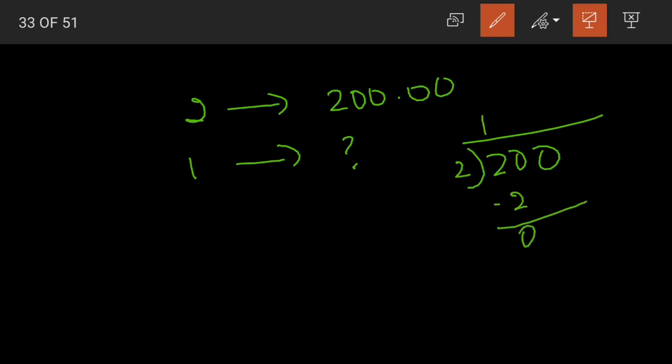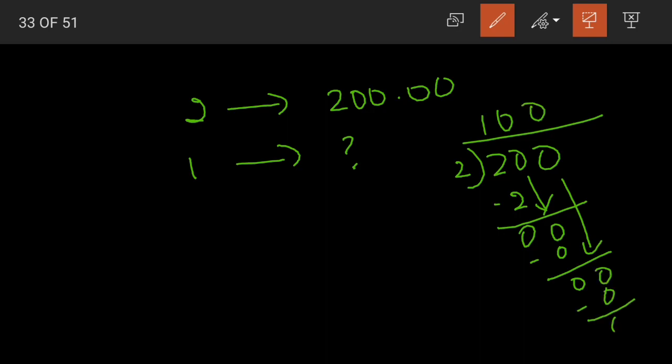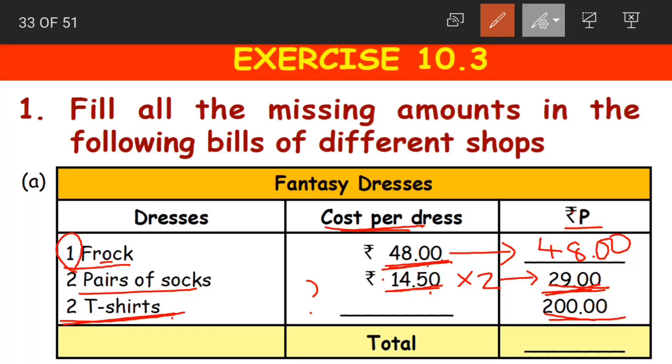When we subtract, 0 is remaining. 0 brought down, 2 zeros are 0. Again 0 brought down, 2 zeros are 0. When we subtract, 0 is our remainder. What is the answer here? 100 rupees. So the cost of two t-shirts is 200 rupees and the cost of one t-shirt is 100 rupees.